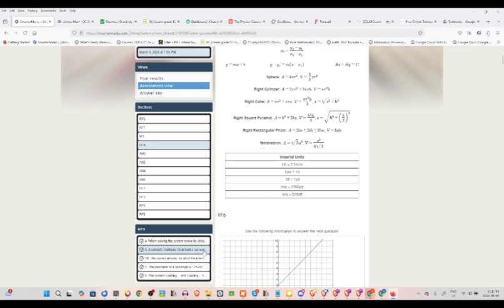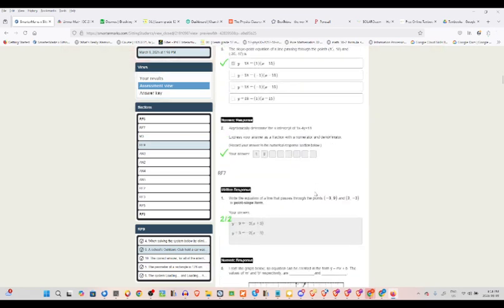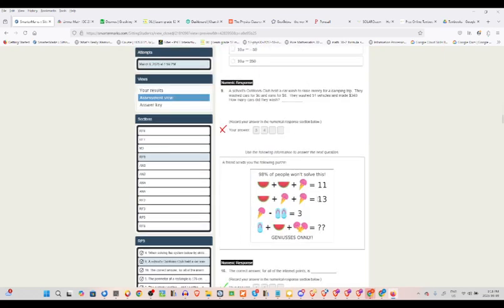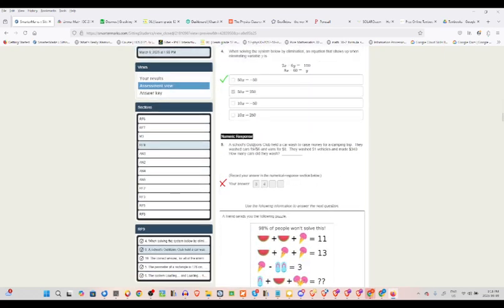Question 9 wants 6 as the answer. So again, as I said, the answer key had the price of washing a car, not the number of cars being washed. So that's why it is incorrect in the solutions version, but it is going to be correct in the one that you guys write in class. So, if you have any questions about any of this, don't hesitate to ask.